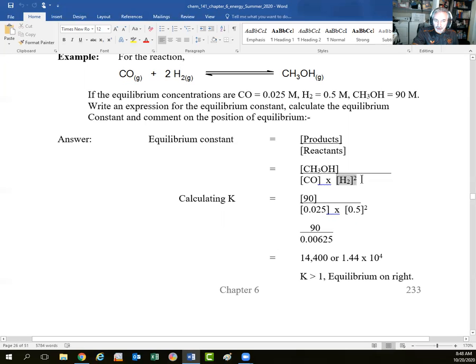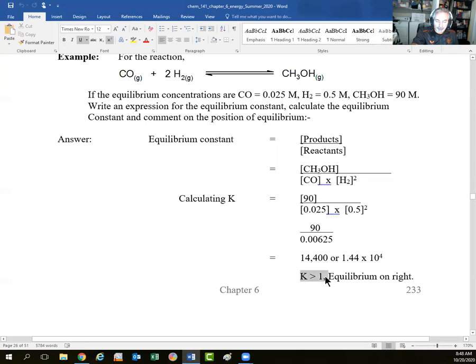The hydrogen concentration taken to the power of 2 because there's 2 moles in the equation. With the expression set up, we can then plug in the concentration values, moles per litre, which have been provided for us. And so that crunches down to a value of 14,400, or 1.4 times 10 to the power of 4.